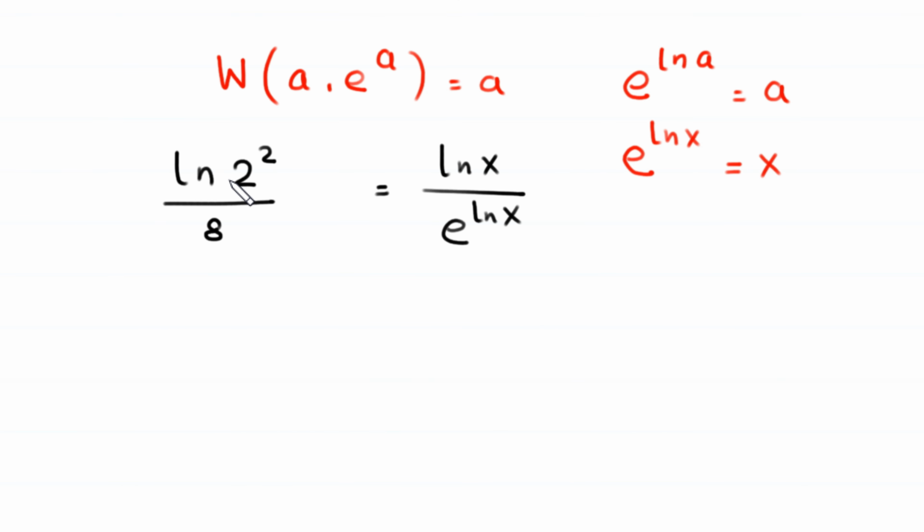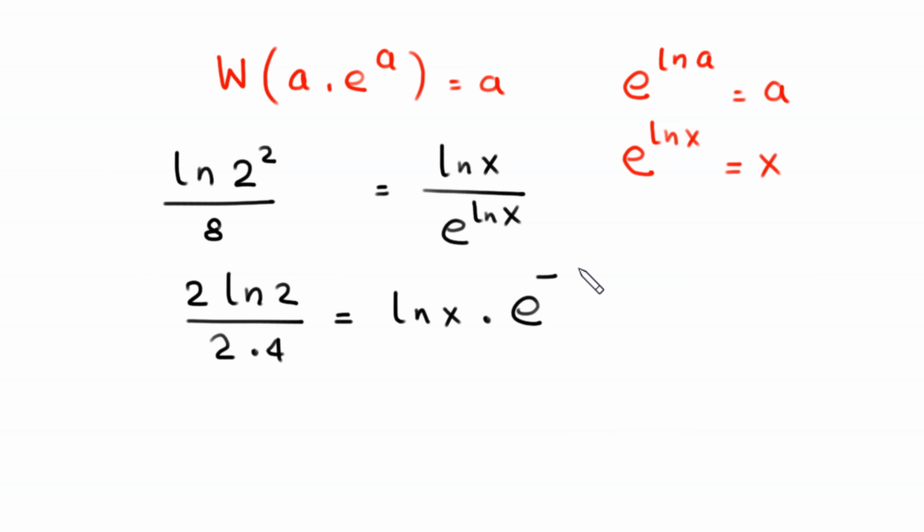Now this ln of 2 to the power 2 will become 2 times ln of 2 divided by this 8 can be written as 2 times 4 is equal to, this expression can be written as ln of x times e to the power negative ln of x.